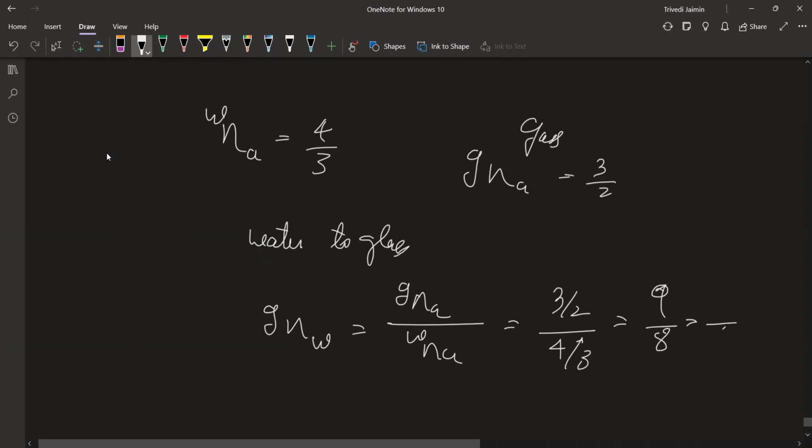So divide and tell me the answer. 9/8 is 1 point something. 1.12. Can we get the exact value? Sir, 1.125. Okay.